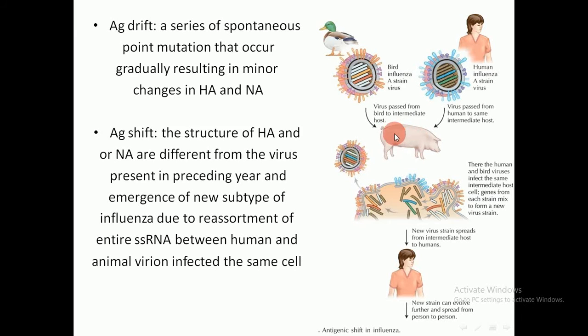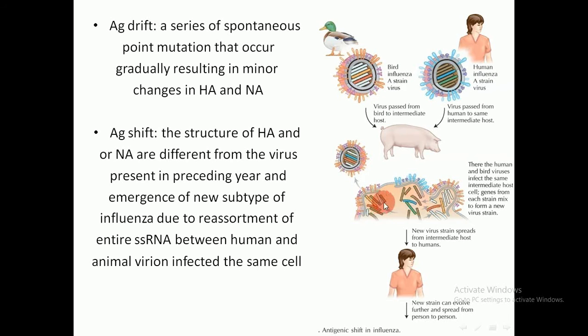And here are the pigs, and this pig is infected with the bird virus and the human virus. The virus passed from the bird to an intermediate host, so the pig is the intermediate host. Here in the intermediate host, there is infection with the two strains, the human strain and the bird strain.